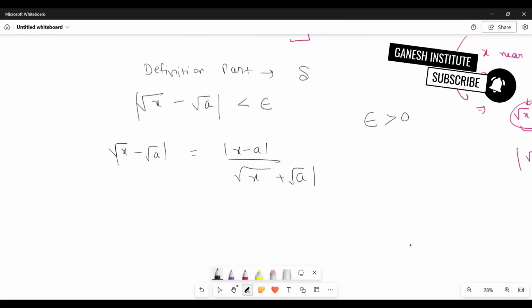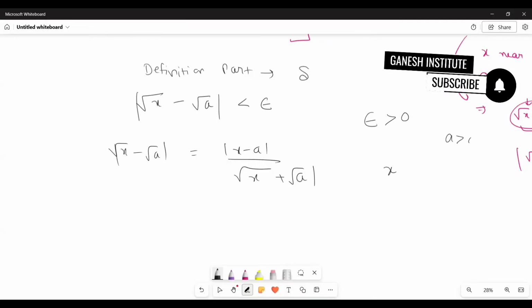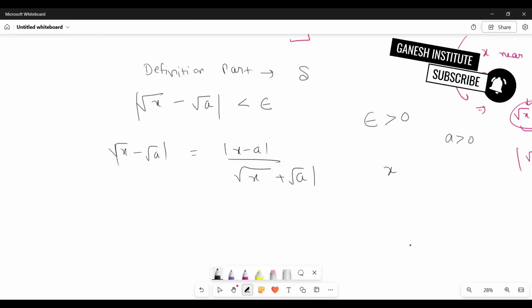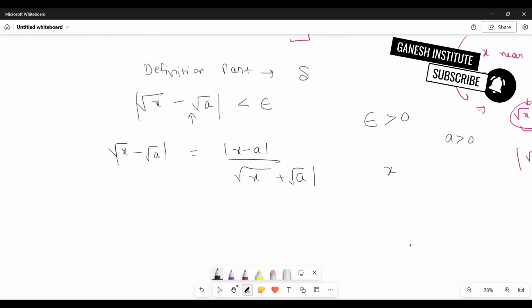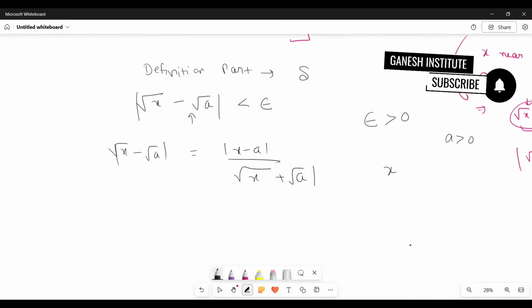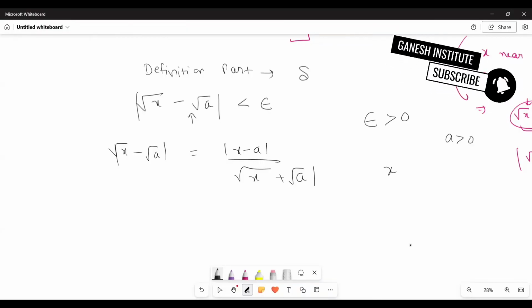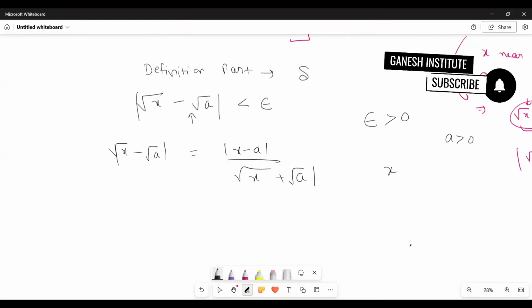Now you have to bound the denominator. You can assume anything. You have to assume x nearby a. As you know, a is greater than 0 and a is greater than 0. This is absolute value. It is going to give you positive value only. So x also has to be greater than 0.